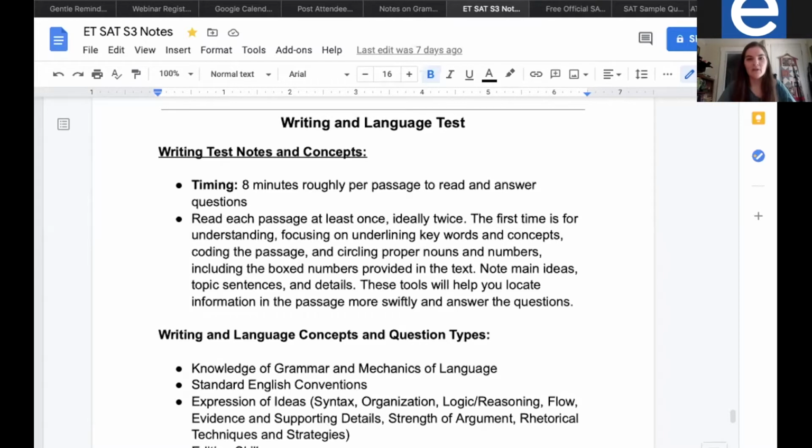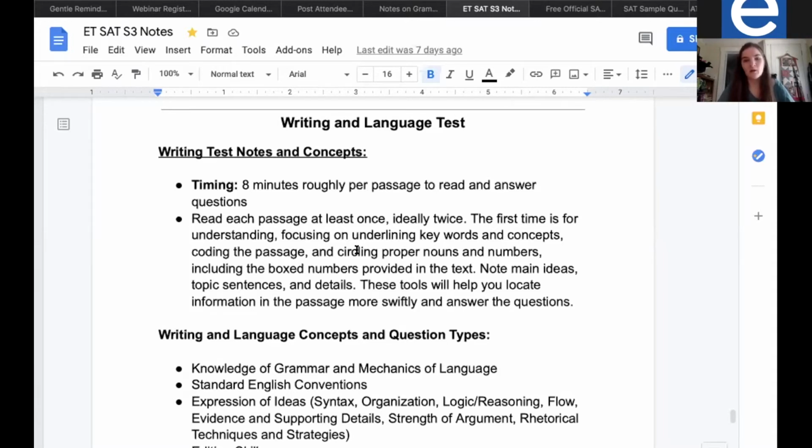So that all being said, you're basically focusing on the writing and language test as a reader, a writer, and an editor. These are technically skills that you've been working on since you started school, and actually since you started learning language.